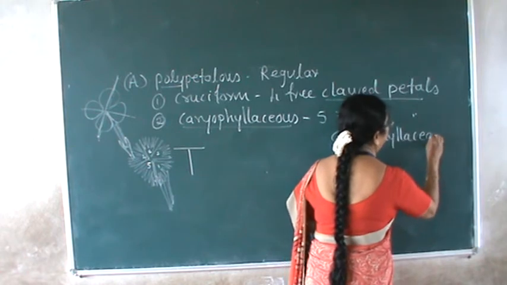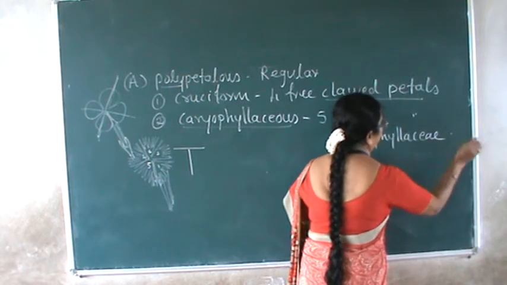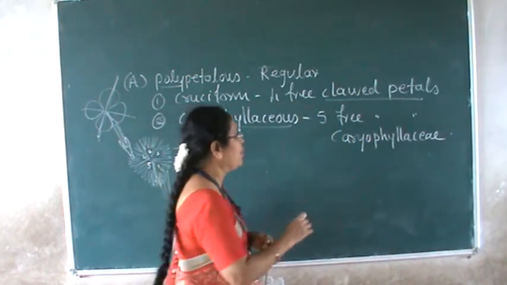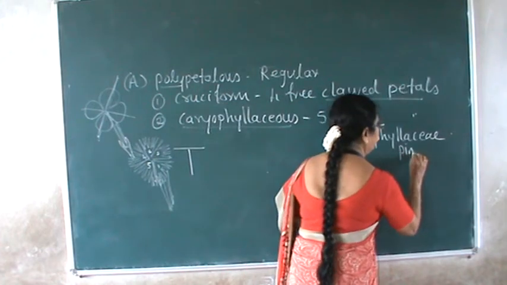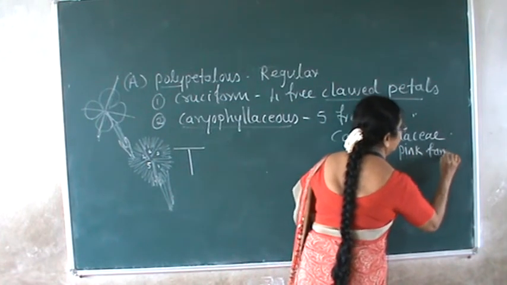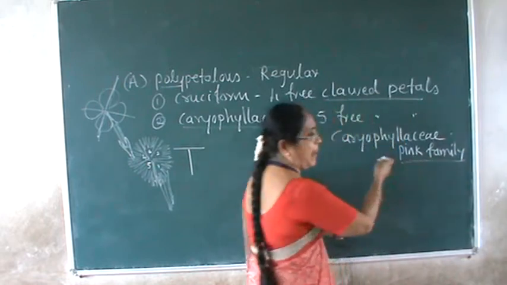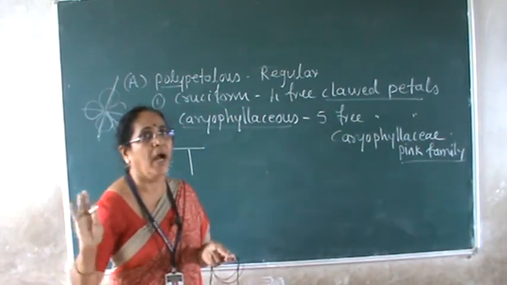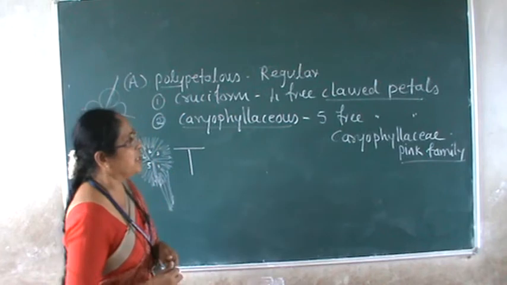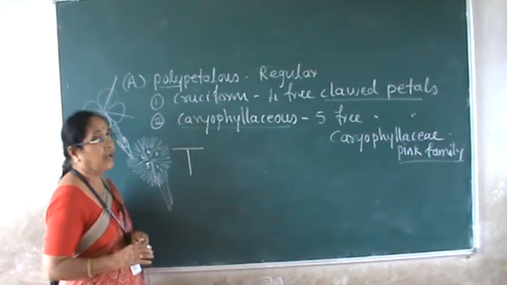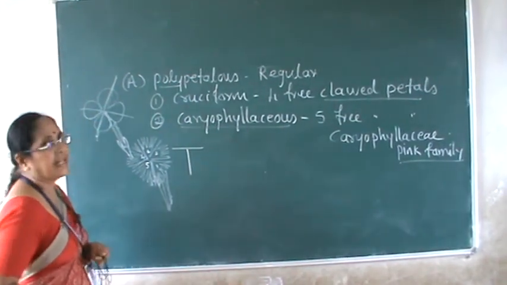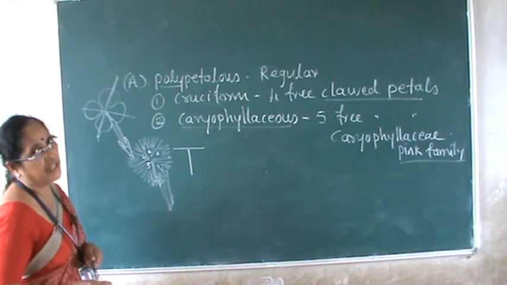You don't have the family in your syllabus, Caryophyllaceae, otherwise called the pink family. We get this plant commonly, it is found on the gates of our home, roadside. Those members are examples for caryophyllaceous shape of the corolla.